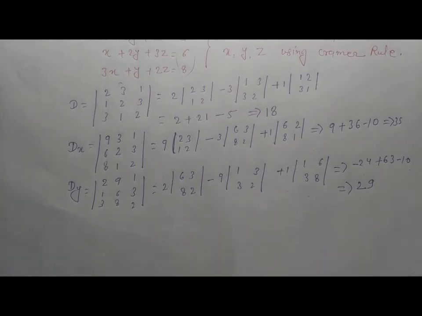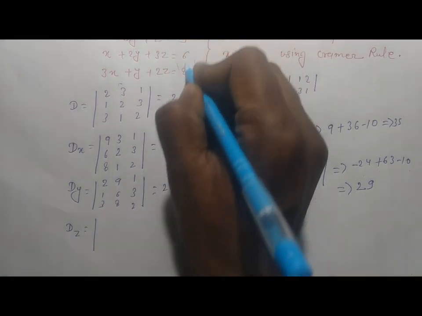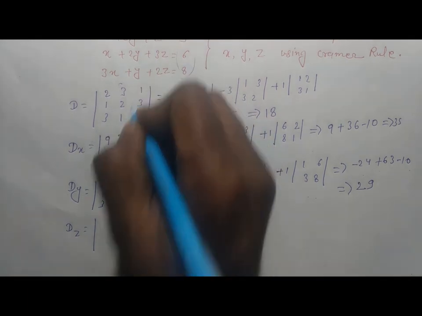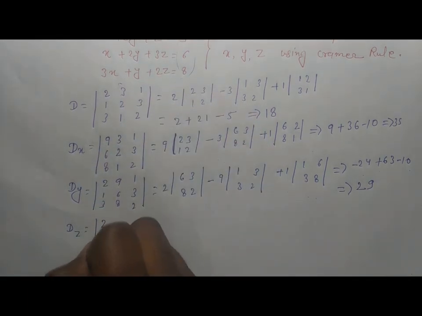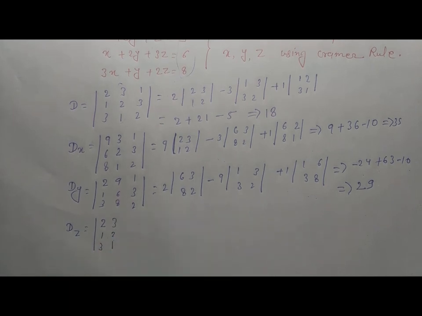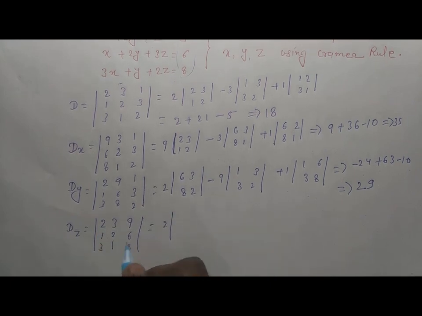Then find the value of dz. Here the z coefficients are simply replaced by the constant terms and the other coefficients of x and y are written in the same place. The x coefficients are 2, 1, 3, the y coefficients are 3, 2, 1 and the constant terms are 9, 6, 8. Then using the determinant method, take the first element and eliminate the first row and first column. The remaining elements are 2, 6 and 1, 8.